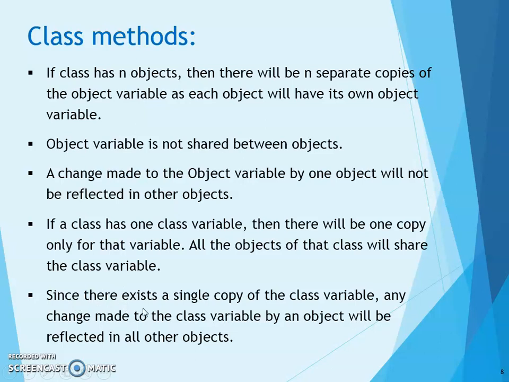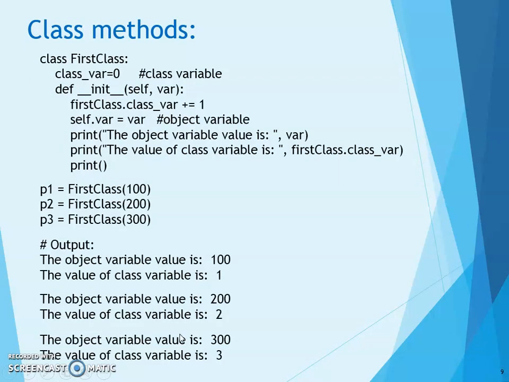Since there exists a single copy of the class variable, any change made in a class variable will be reflected in all other objects. So the class variable has only one copy. It will be shared with all the other objects, and changes made in one object will be reflected in the other objects. So we'll see the examples of this.